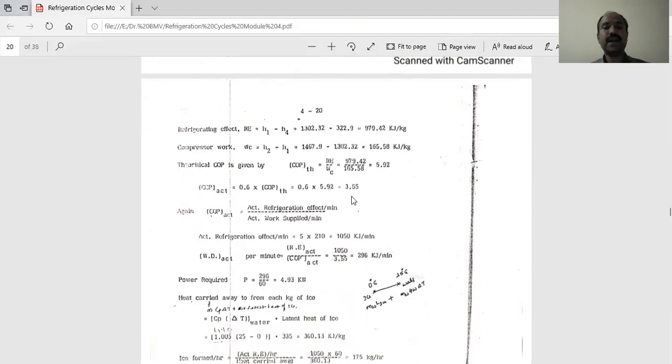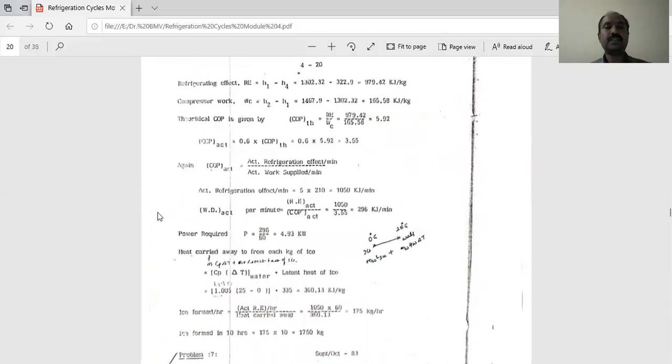It becomes 3.55. Then COP actual is equal to actual refrigeration effect per minute divided by actual work supplied per minute. The actual refrigeration effect per minute is 5 multiplied by 210, which is 1050 kilojoules per minute.